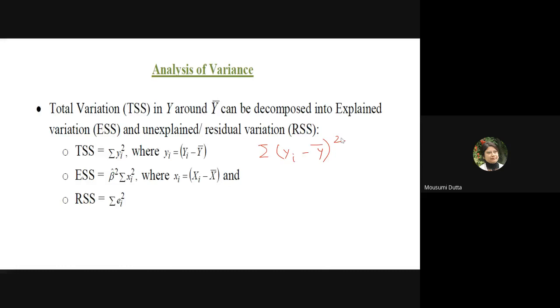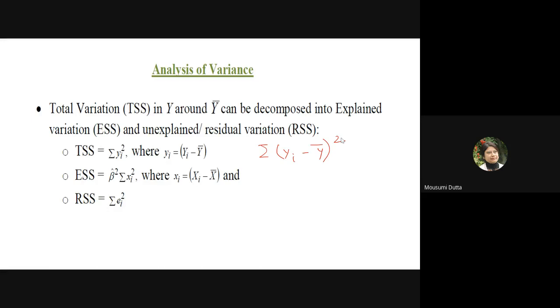Okay? So, in a regression analysis, we want to capture the variation in yi around its mean. This is called the total sum of squares. Okay, the variation in yi is called the total sum of squares. This total sum of squares can be decomposed into two parts: the explained part and the residual part.